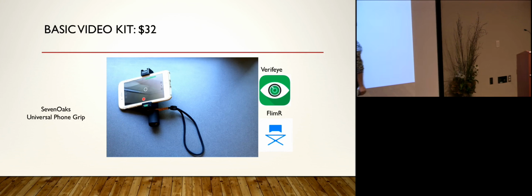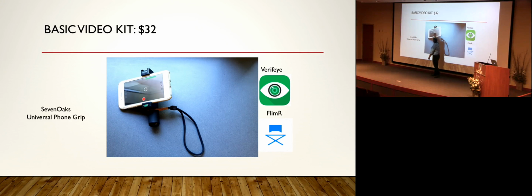So it gives you these two reticles. One of these reticles allows you to spot expose your light. The other allows you to lock focus. So we can do white balance, individual exposure, and focus lock all on this. It saves directly to the camera roll, which is nice. It's pretty stable. It's a little bit laggy these days since the iOS 11 upgrade. They're working on upgrading it.